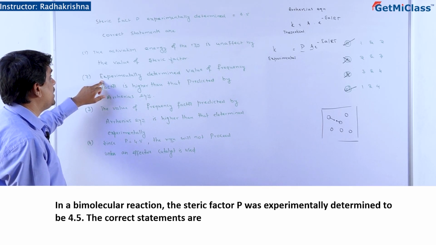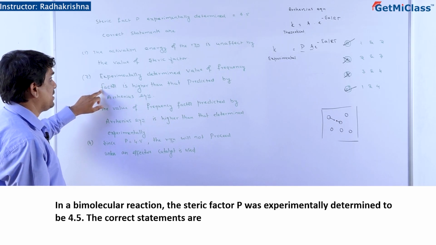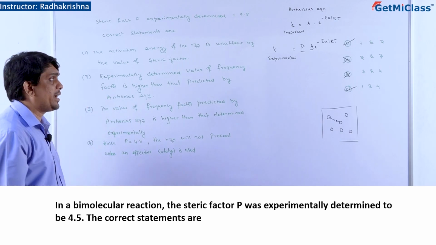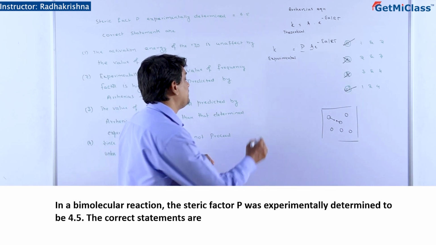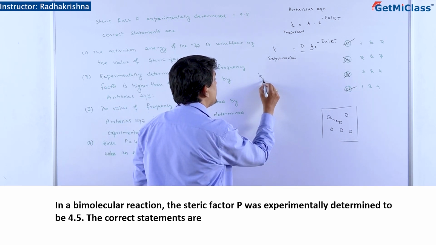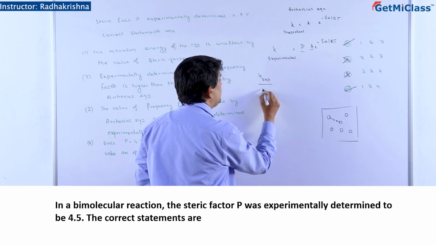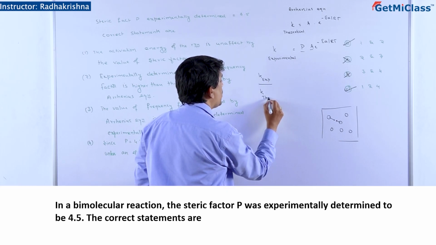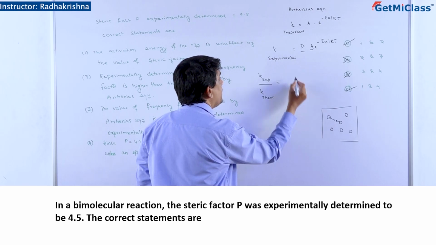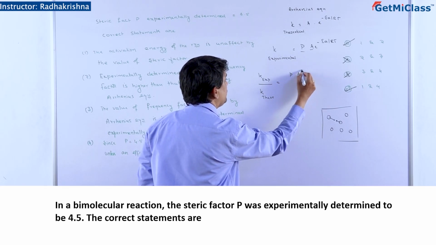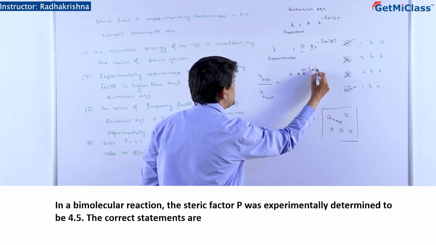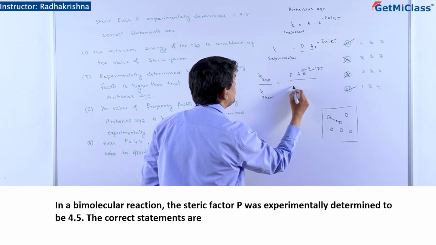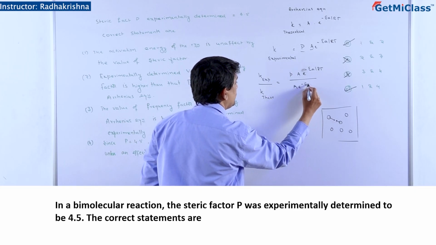Experimentally determined value of frequency factor is higher than that predicted by the Arrhenius equation. Now everyone see this. What I am doing is, I will take the experimental rate constant to theoretical rate constant ratio. Substitute the formula.